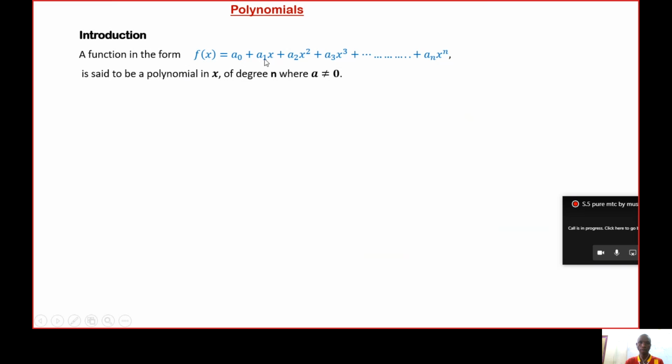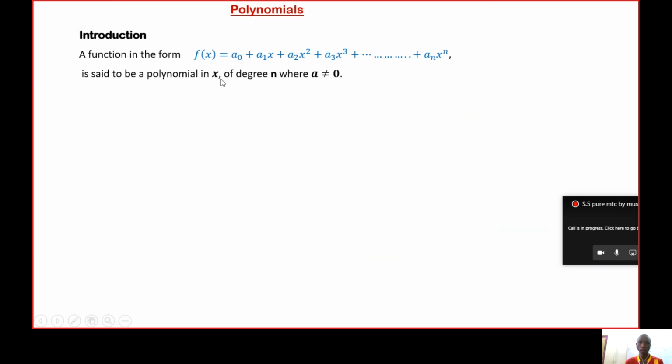When you check, look at the highest power of x. The powers of x are in ascending order. Here power 0, here power 1, here power 2, here power 3, the next will be power 4, then power 5, like that, up to power n. So the highest power of x in this function is n.